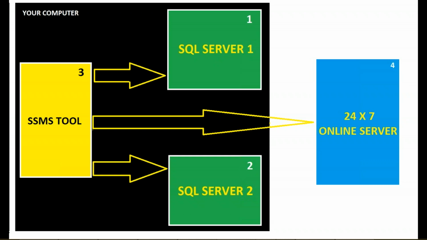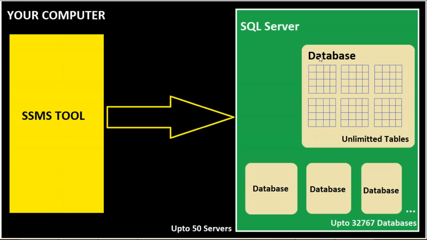And then we shall be understanding how to operate on this box number 1, that is about databases and tables. We shall be understanding slowly, one by one, about how to get the server connection, and about databases, and inside a database, unlimited tables.